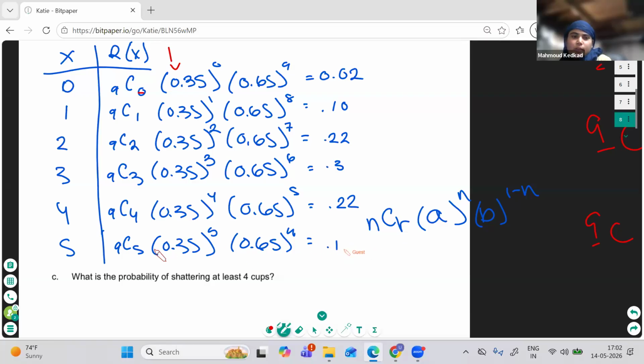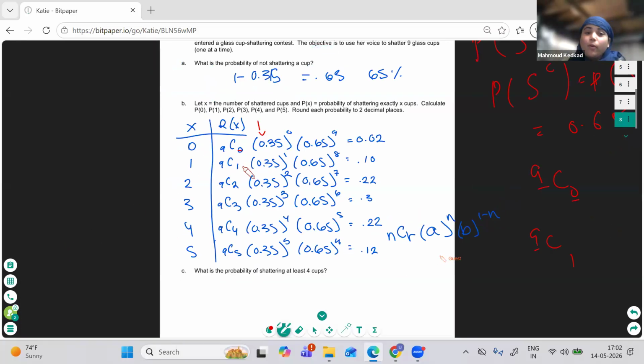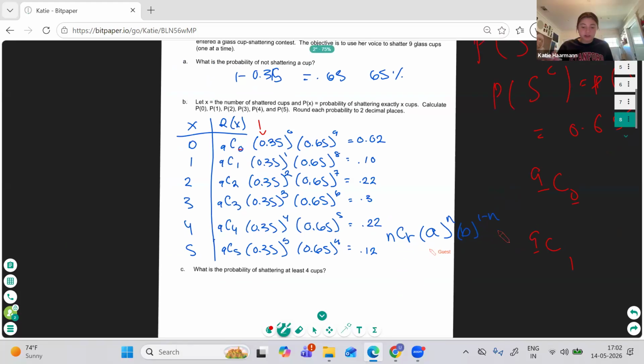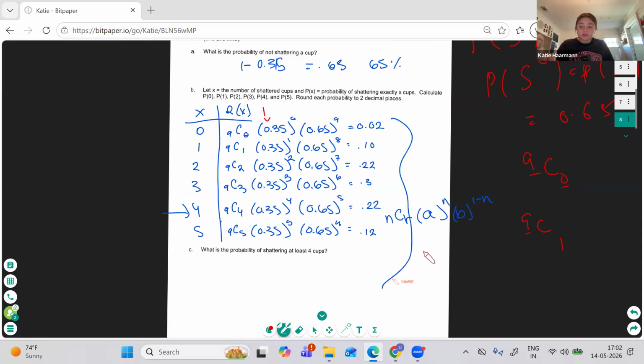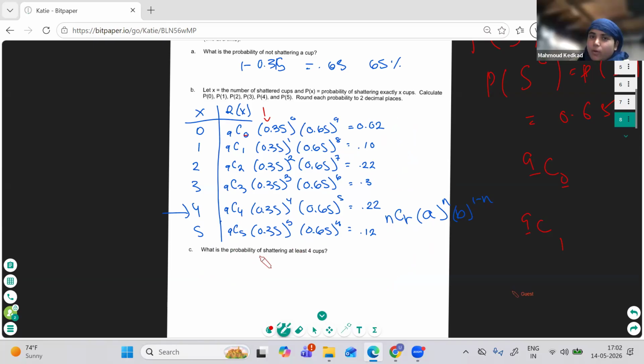And there's a reason he didn't tell you to find the probability for all of the values. You'll get that in the next question. What is the probability of shattering at least 4 cups? At least four, so it's going to be 4, 5, 6, 7, 8, 9. So would you find the probability for 6, 7, 8, 9 again and then add all of them up? Wouldn't the whole thing equal 1? So you could just do 1 minus these. If you had found the probability for all of those 9 cups, then it would have been 1, but you only found till 5.